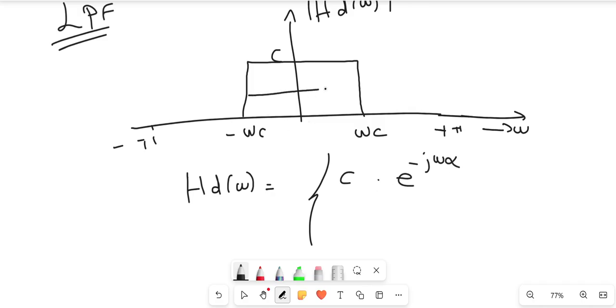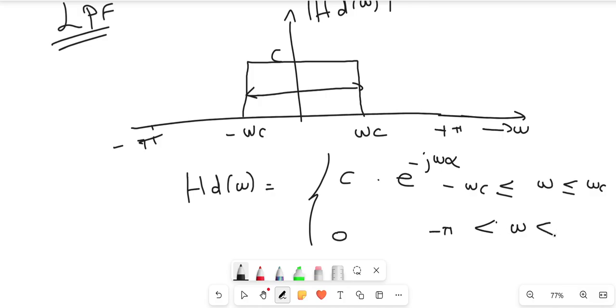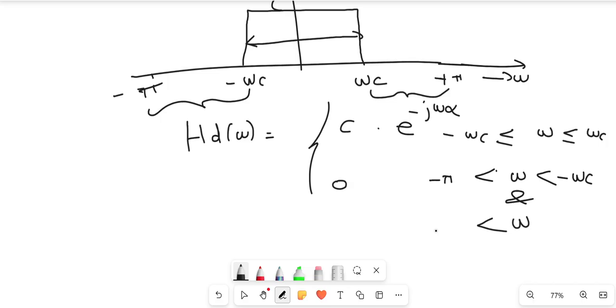This is for the band limited signal, in the range where omega is greater than or equal to minus omega c and less than or equal to plus omega c, and 0 for omega between minus pi and minus omega c, and between omega c and pi.